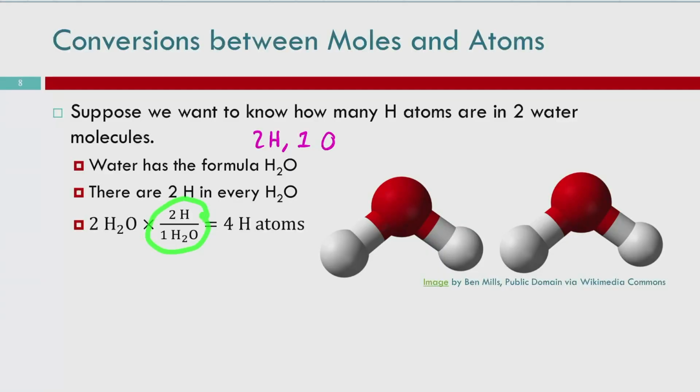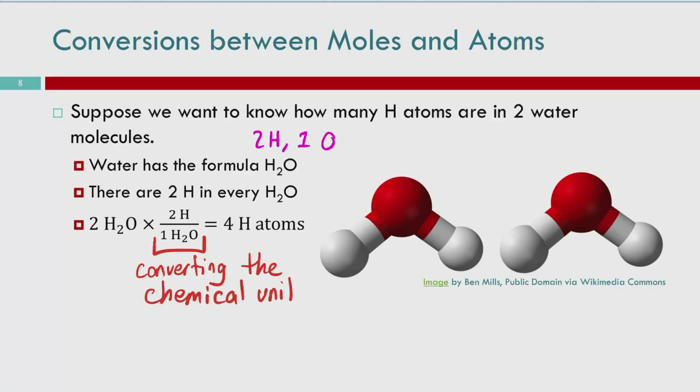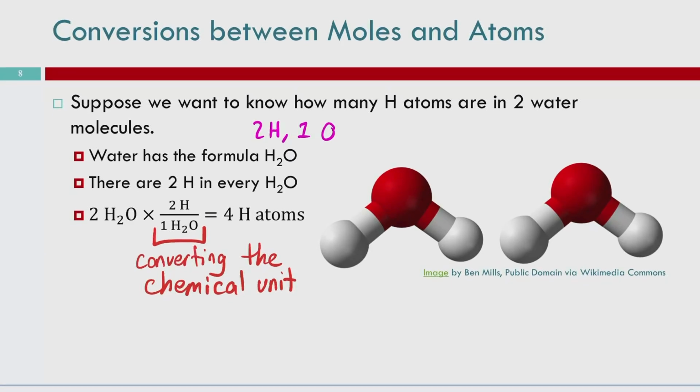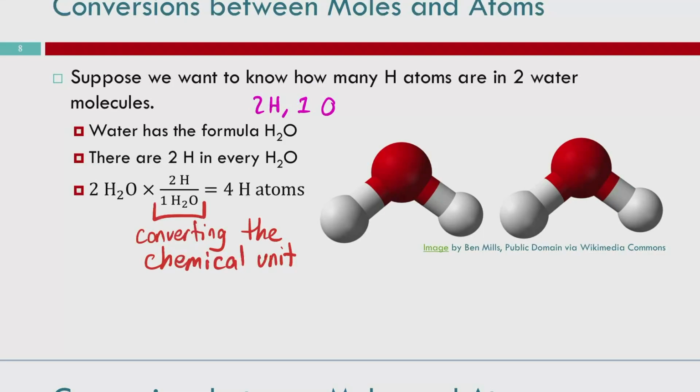We can convert the chemical part. This is our first, I think, chemical conversion. So we're converting the chemical unit. We will be doing this a lot more in the nearish future. So if we start with 2 H2O, for every 1 H2O, there's 2 H's.